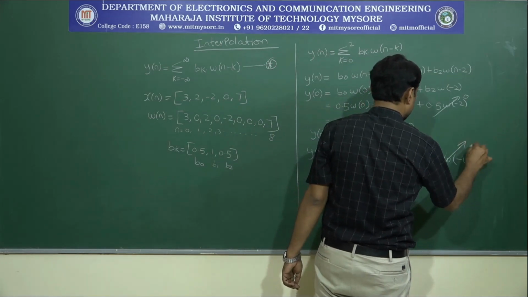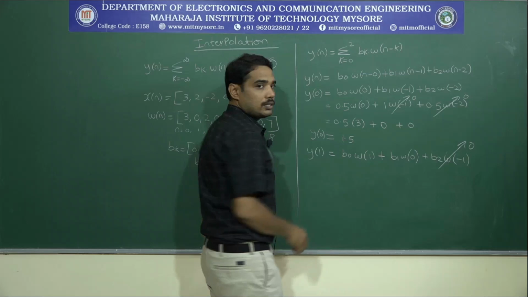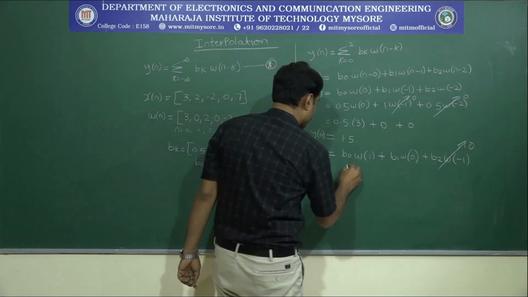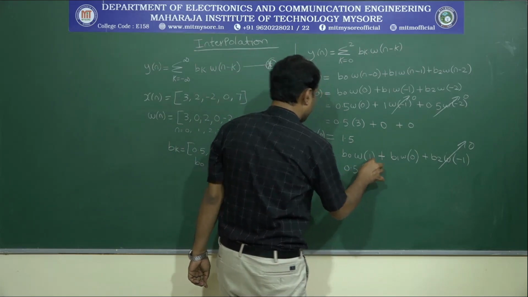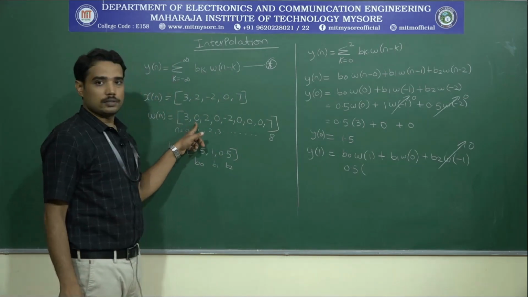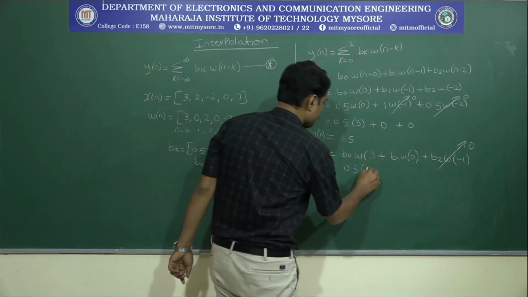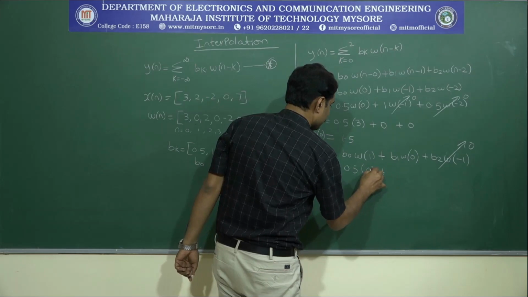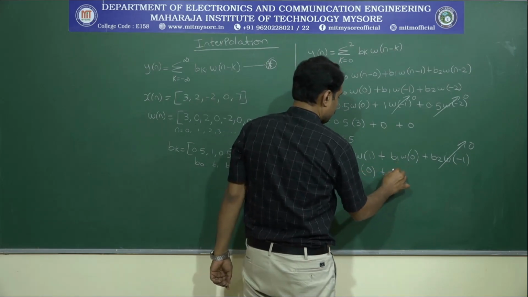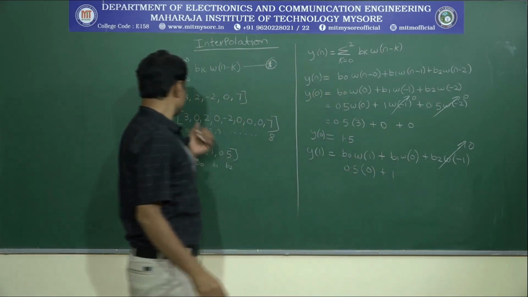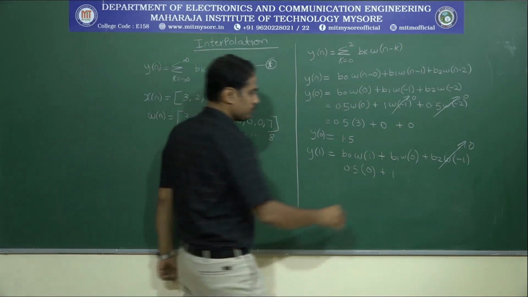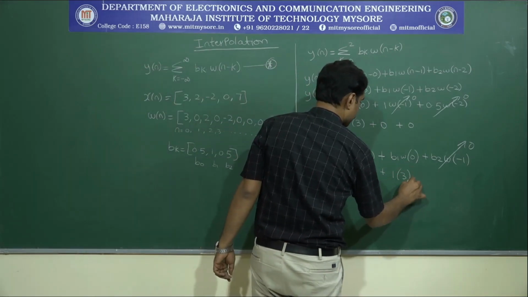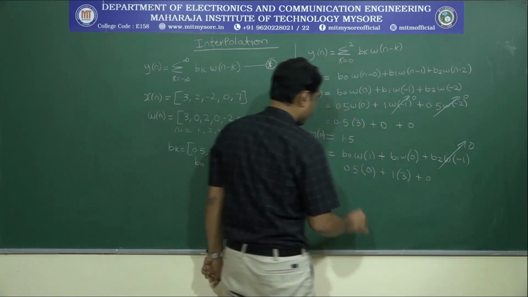This minus 1 goes to 0 and b0 has a value of 0.5. w of 1 is 0. b1 is 1, w of 0 is 3, plus 0.